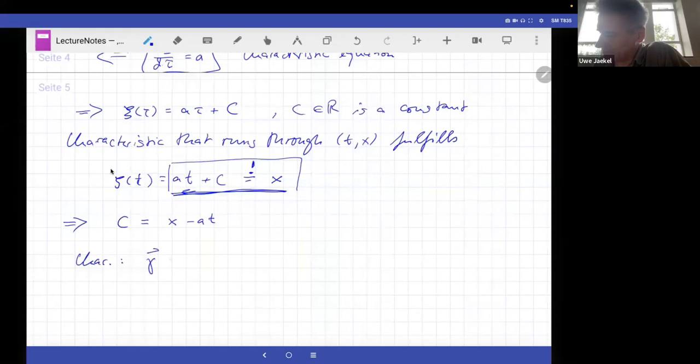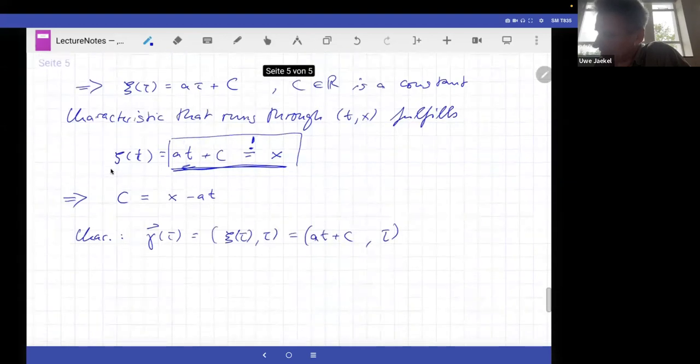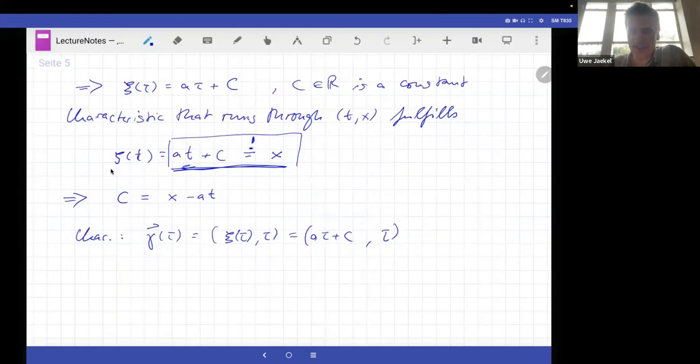Let's call this gamma of tau. It's psi of tau, and therefore its second variable is tau, and here we have a tau plus c. A tau plus c.